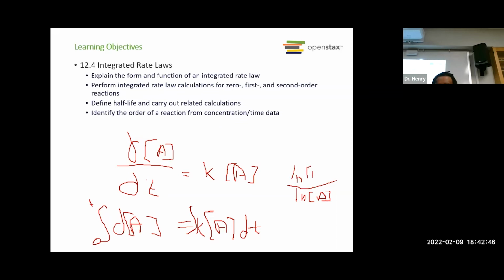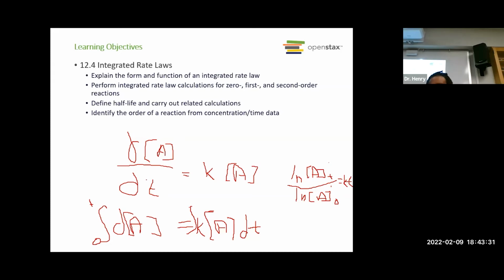This is A naught. ln t. And then that's going to be equal to kt. Let me do one more thing.